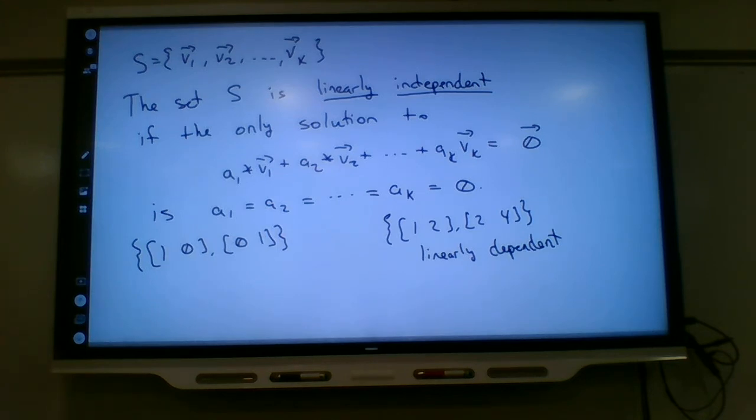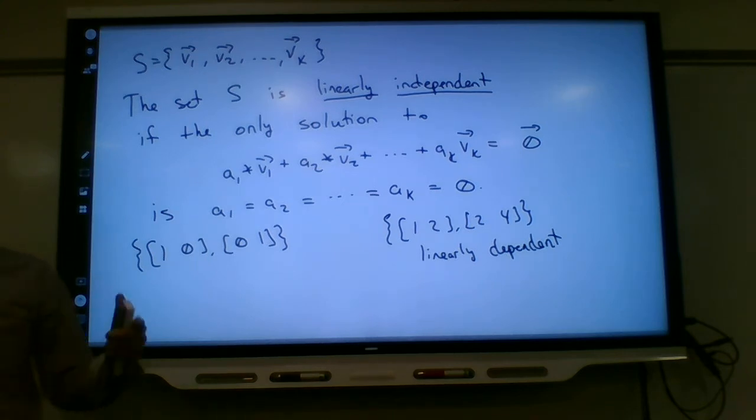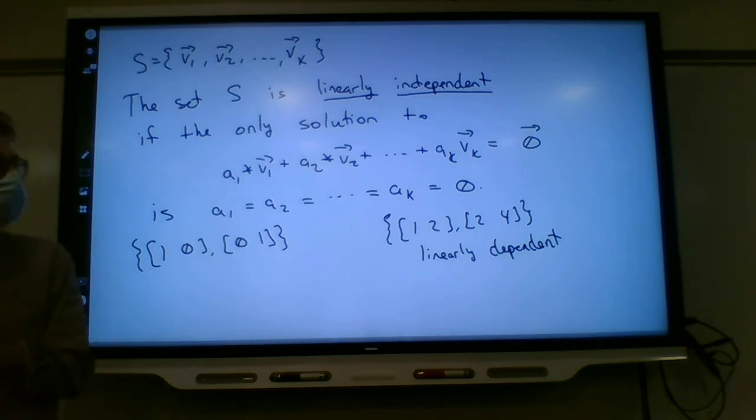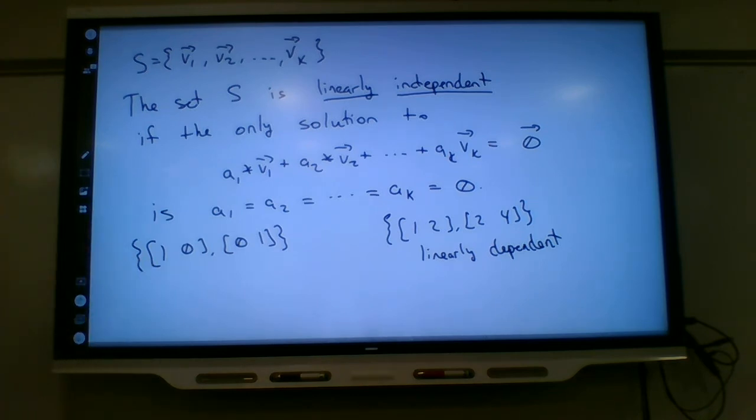Because if we have redundant information, we can't properly describe locations anymore with those two pieces. There's more than one way to describe certain points, and having more than one way to describe certain points messes up the whole idea of a coordinate system. But if you have independence, then you can create a coordinate system.